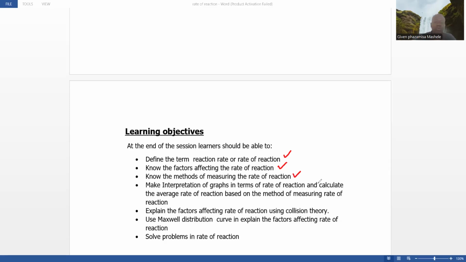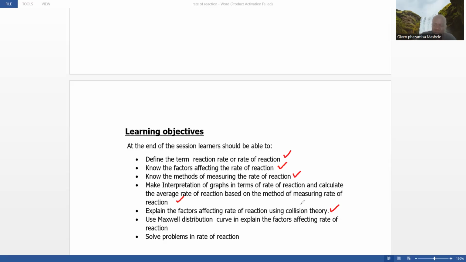You must be able to interpret graphs in terms of the rate of reaction, calculate the average rate of reaction based on the method of measuring it, and also be able to explain the factors that affect rate of reaction by using collision theory.